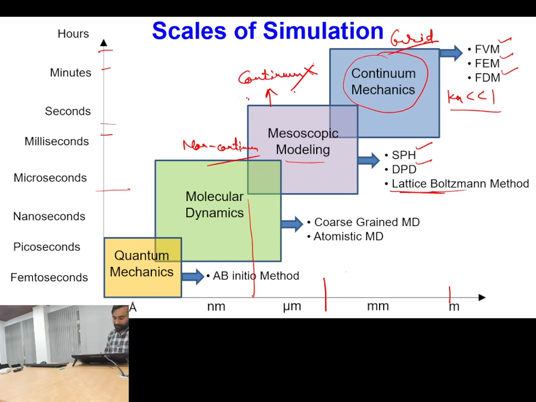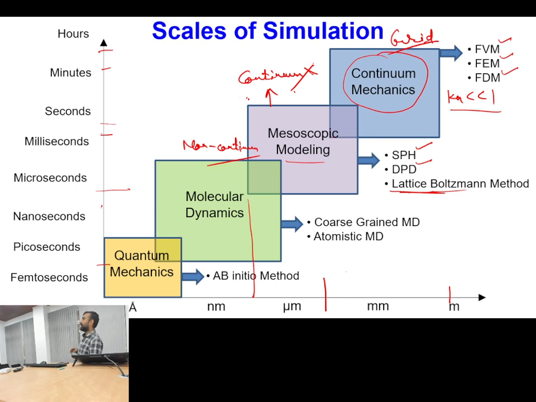And when your sizes go further below, for example, in the range of nanometers or angstroms, and time scales are in the range of say picoseconds to nanoseconds, your system is so small, okay, the size of the system is say 1 nanometer or 2 nanometers.